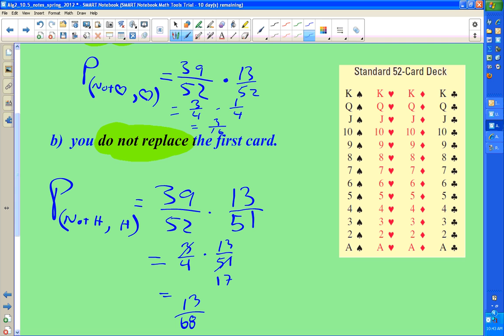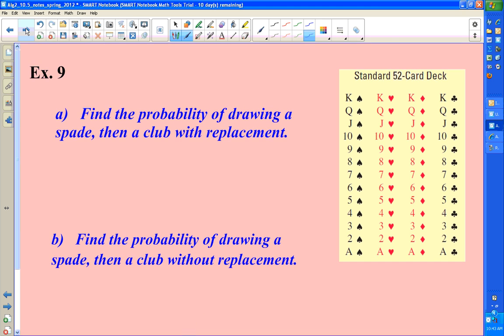Any questions on this example? Find the probability of going spade, then club with replacement, and then spade, then club without replacement.